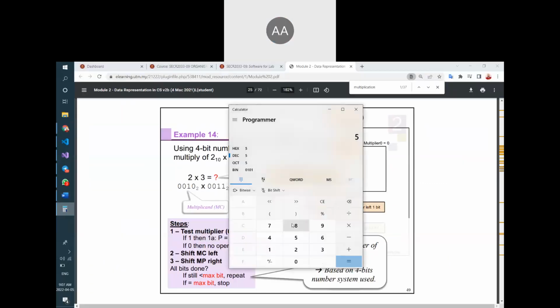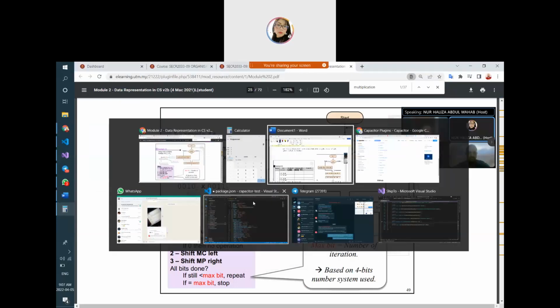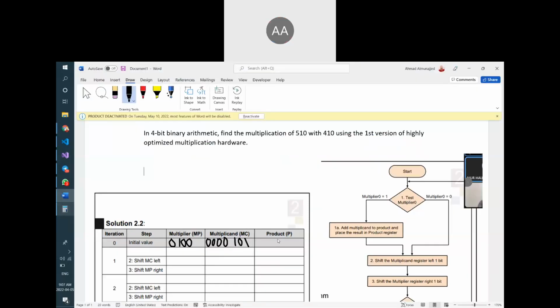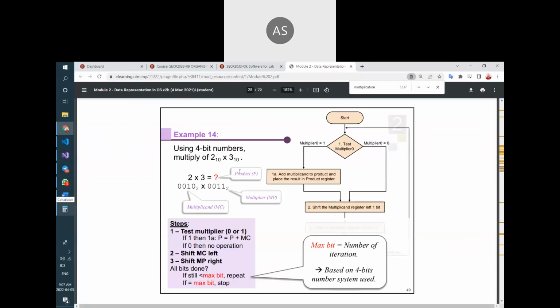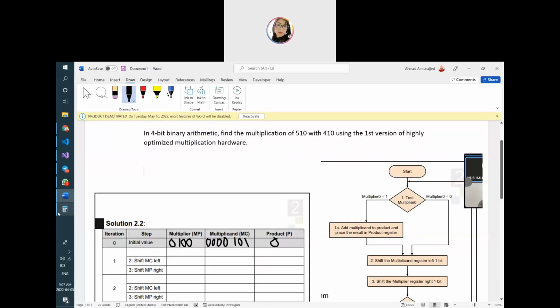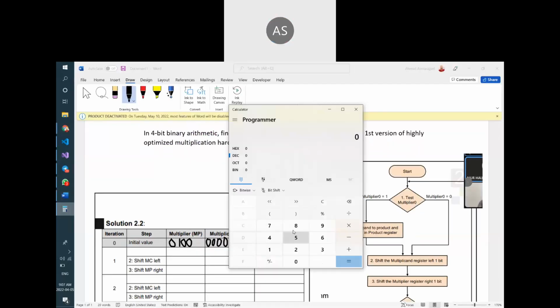No, at the initial value, it is 0. You're still missing a 0 on the multiplicand as well. This one here, to the right. You need to have 8 bits. It's 0 1 0 1.